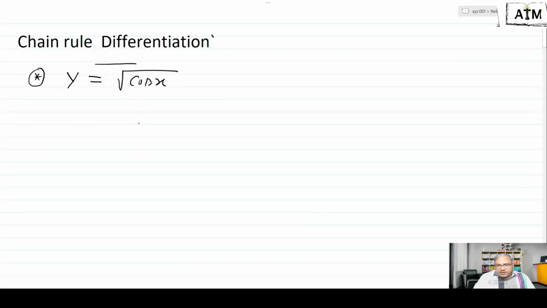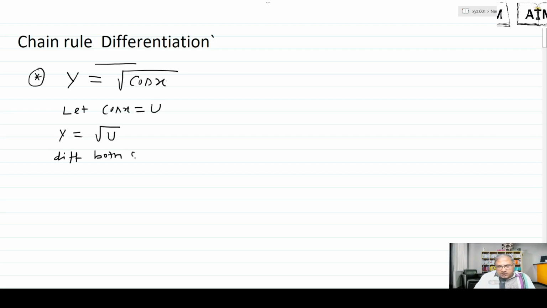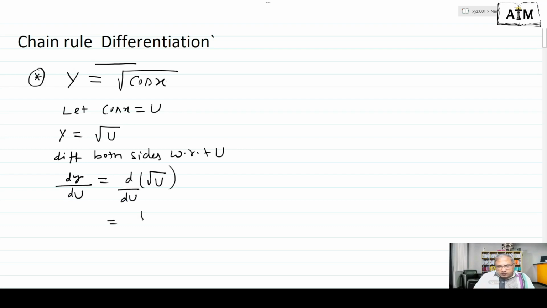Let us have another example, y equals under root of cos x. So let cos x equal u, then it becomes y equals under root of u. Then differentiating both sides with respect to u, dy by du equals the differentiation of root u with respect to u, which equals 1 upon 2 root u.